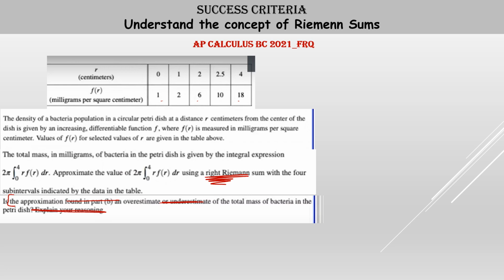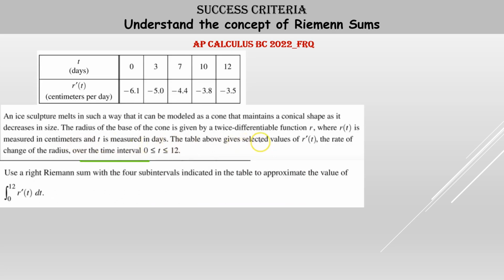That's why I told you in the first part that you should either understand or memorize when the area in the right Riemann sum overestimates and when it underestimates, or even in the left Riemann sum. So memorize that part. It would help you to understand this overestimate and underestimate question.